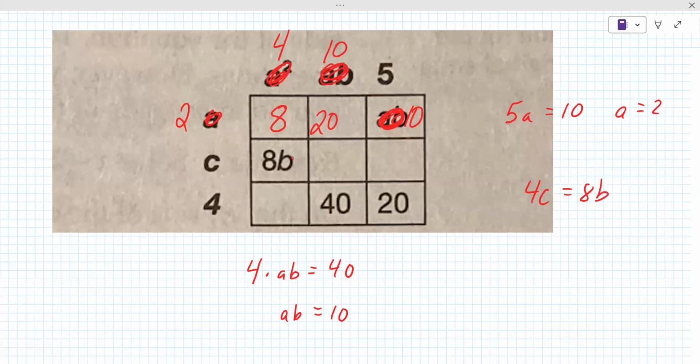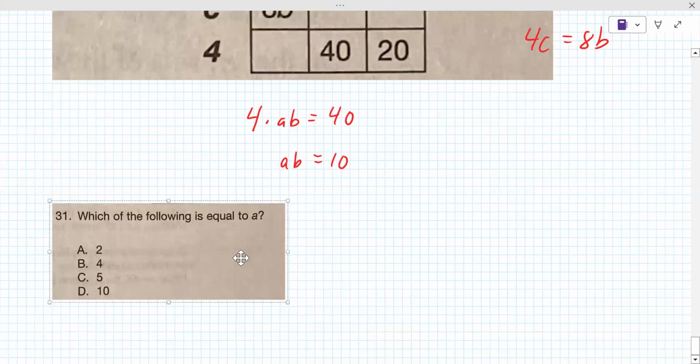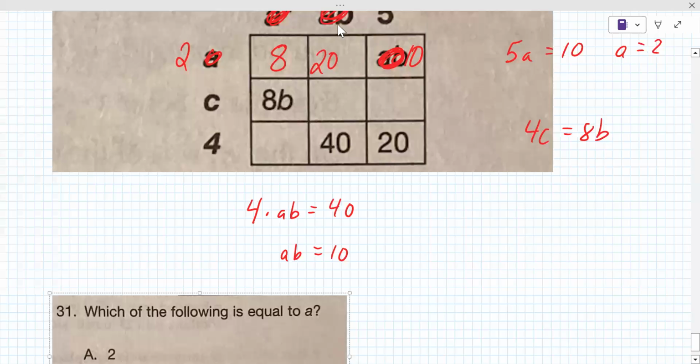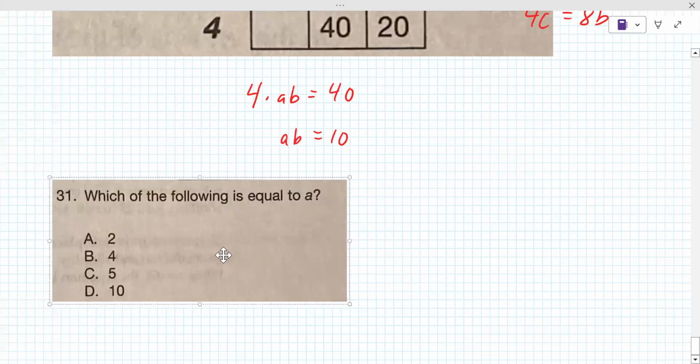We're not sure if we're going to need it. But you can see here, let me snip in one of the questions. It does ask you for the value of A. We saw this in another problem here. Seems like we're going to see a few of these. They asked for the value of A. We found that A is 2. And we've got the right answer.